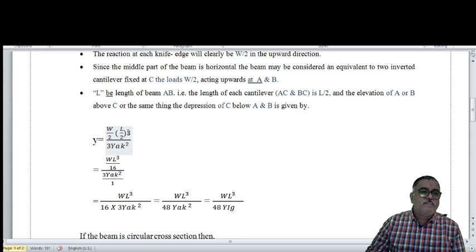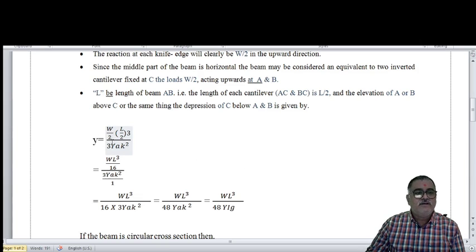Now this formula we have discussed for the cantilever, and here we are considering that the bending of a beam loaded at center behaves like two inverted cantilevers.